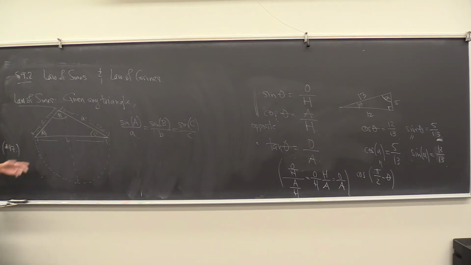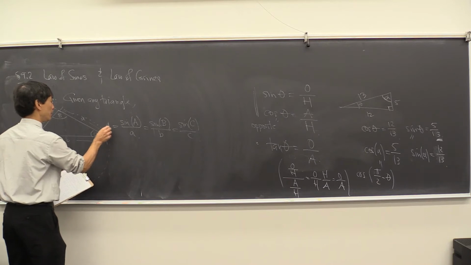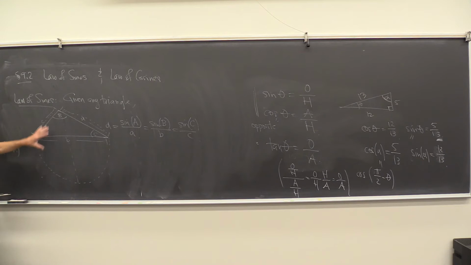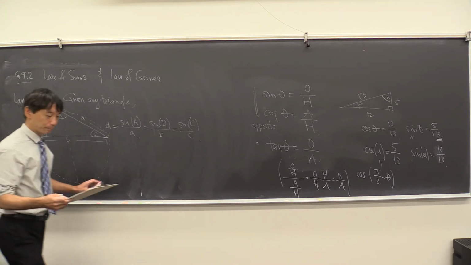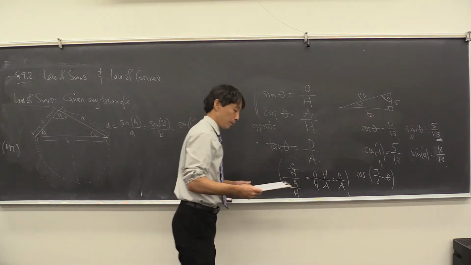That number, whatever it is, let's call it little d, turns out to be the diameter of the circle given by these 3 points.